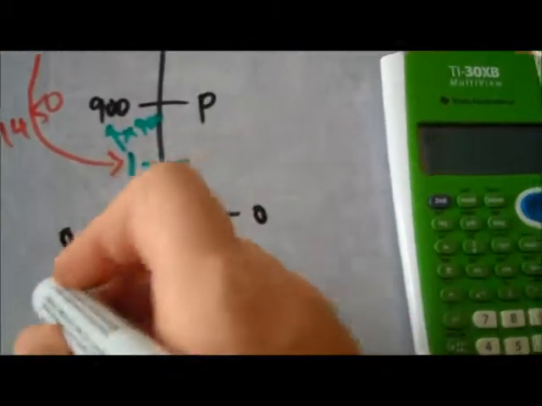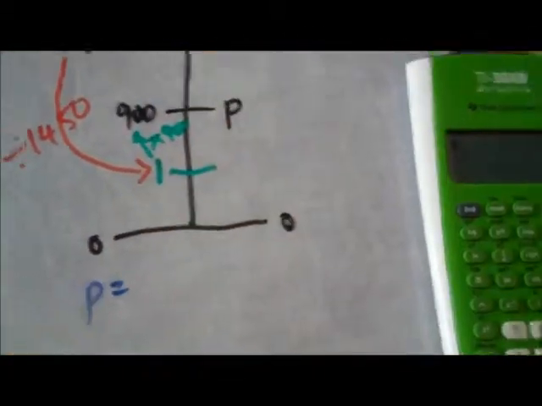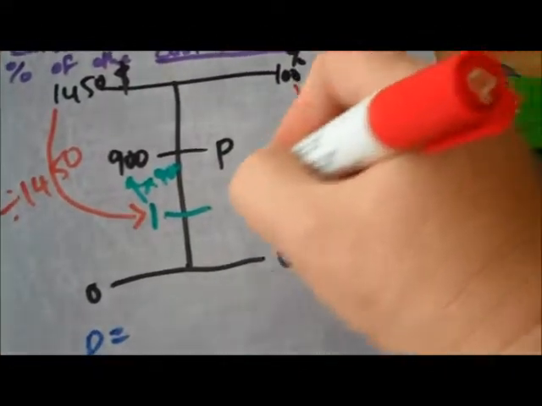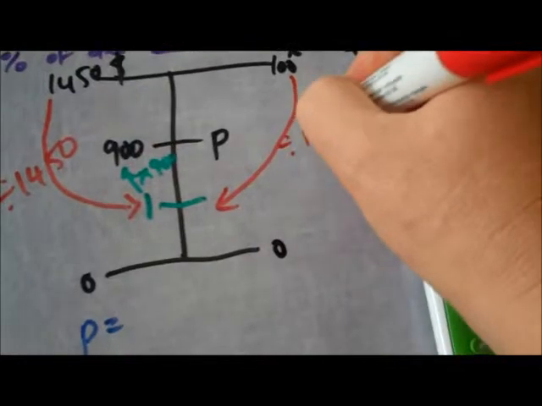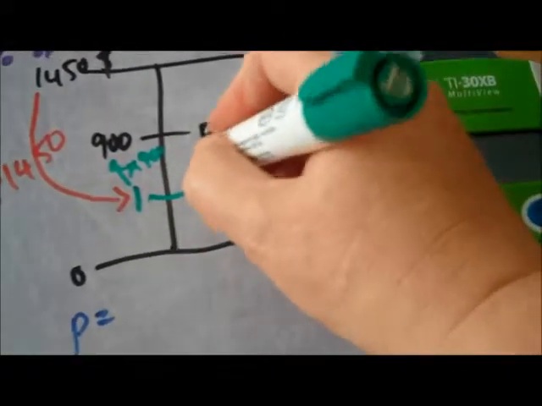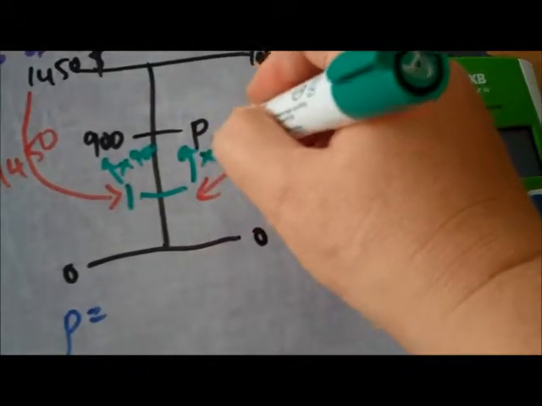So the percentage is, oops, I've got to put in all the other arrows, don't I? Sorry about that. So this one, divide by $1,450 times 900.